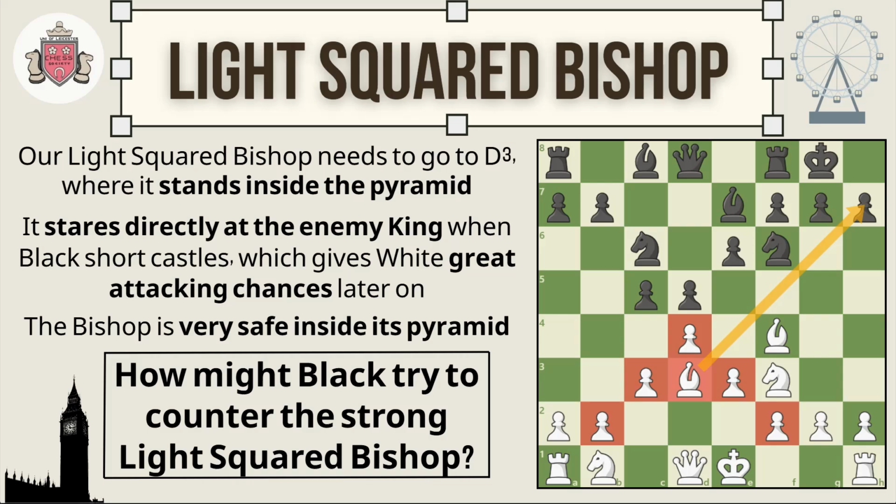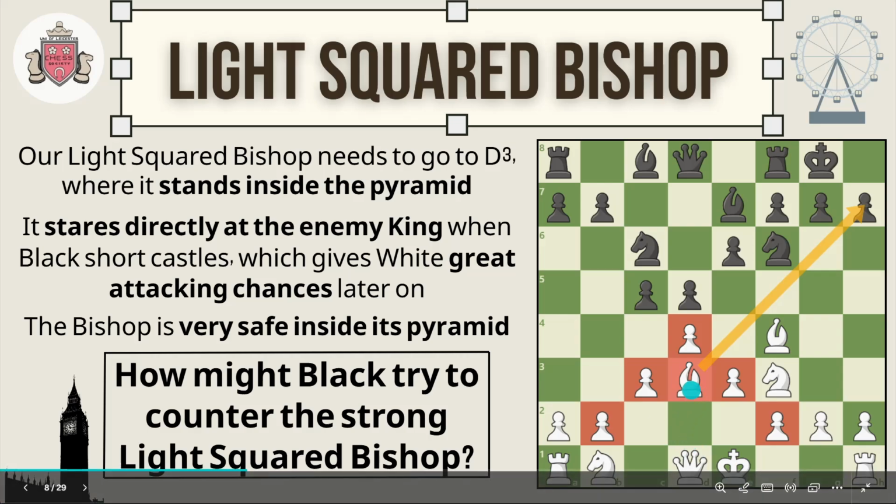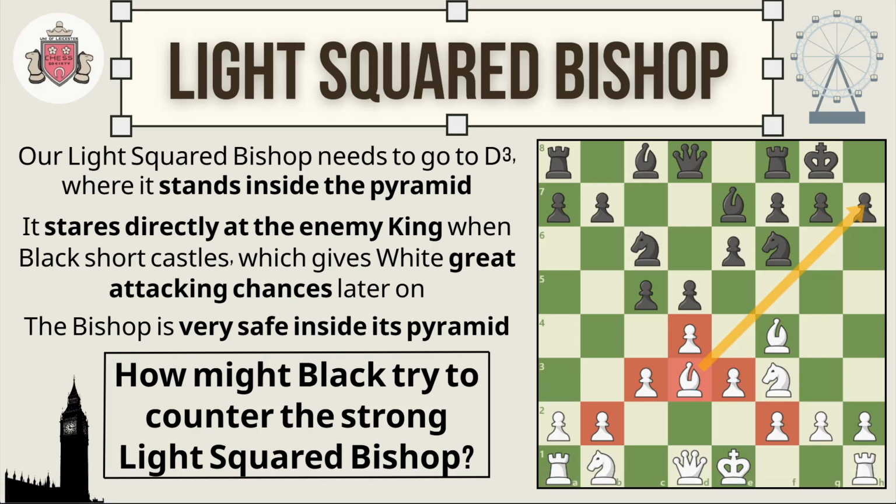We'll get on later to the main ideas of the London system. But what you need to remember is that in the London system, you're trying to attack the king with as many pieces as possible. And so the bishop on d3 is a really good starting point, because it has really good sights on the enemy king.